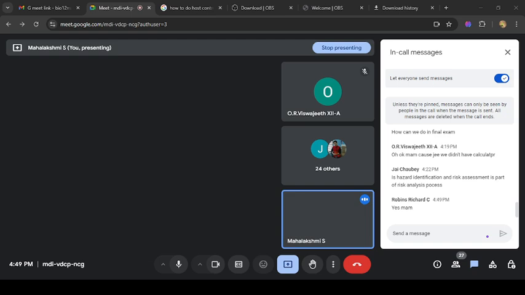Now to calculate the lifetime cancer risk, LCR, it is I into SF. SF is the slope factor. Why is SF there? Because it is a carcinogen. If it is a non-carcinogen, you will divide I by RfD. Now the slope factor is 0.015, and the unit is given as reciprocal.